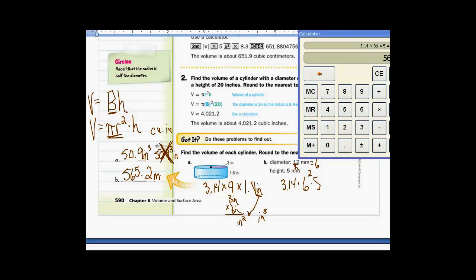Label: millimeters cubed. We'll be taking off for that label, so make sure we've got the correct one there. Now, if you use the pi button, you will probably get 565.4 millimeters cubed, but either one would be acceptable. Okay, so hopefully we got that going on there.